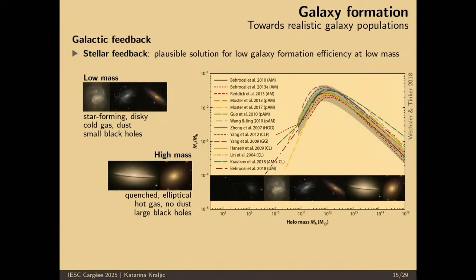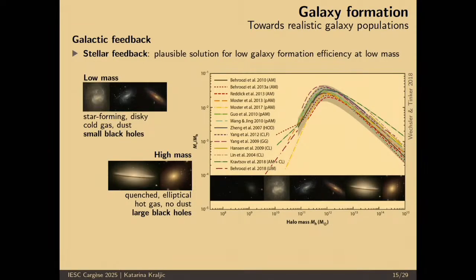So what else is left? What can we do? The community sort of agreed that we should try to extract the energy from black holes, because low-mass galaxies tend to have smaller black holes, relatively speaking, to their stellar mass, and high-mass galaxies tend to have large black holes.